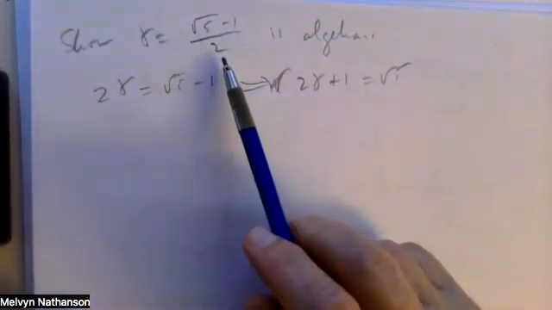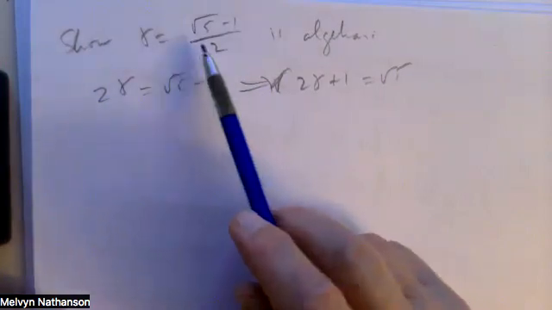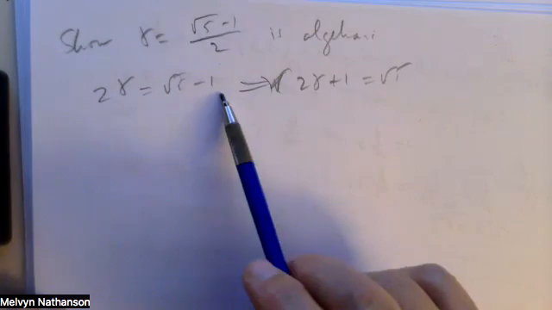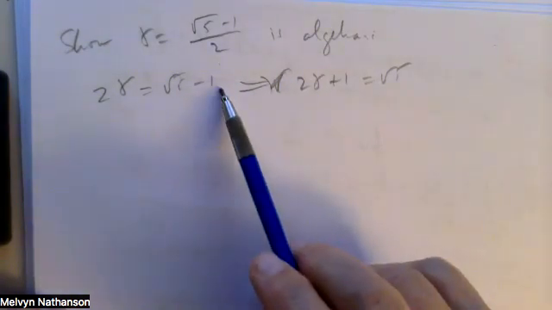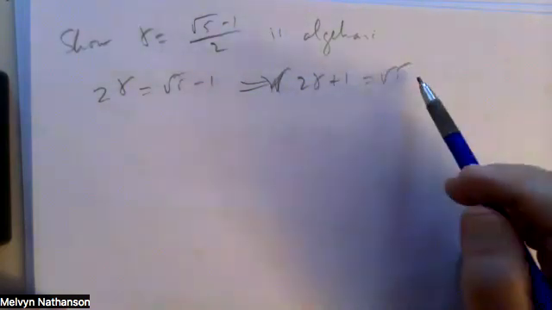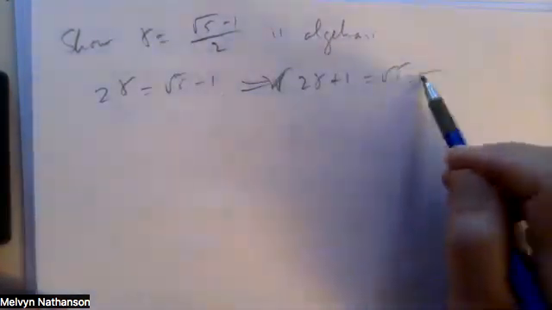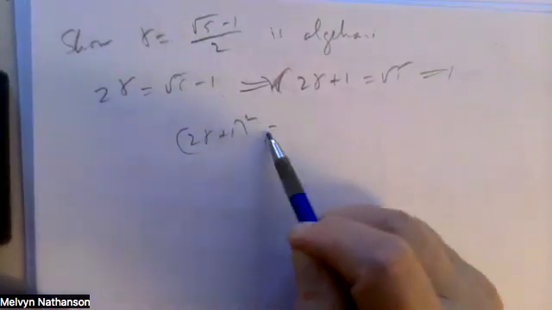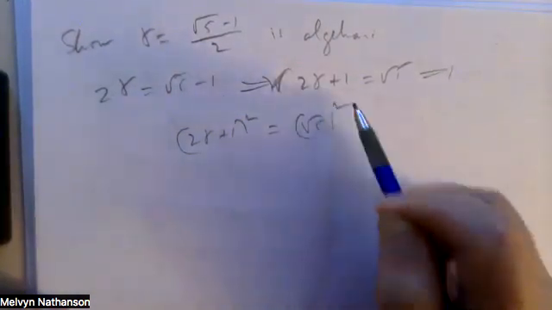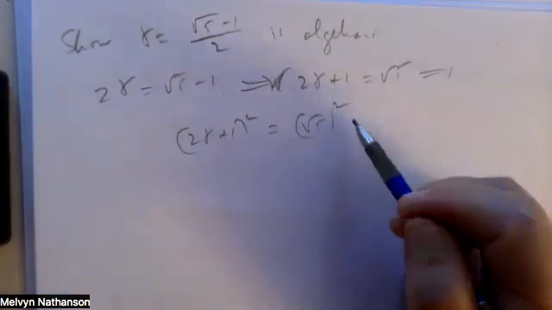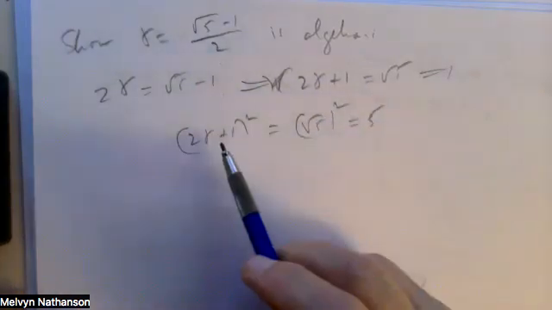I'm just doing baby operations here. I have gamma is root 5 minus 1 over 2, multiplied by 2. Take the 1 from the right-hand side to the left-hand side. Now I have this, square both sides. I get that 2 gamma plus 1 squared is root 5 squared. Because if I square root 5, I get 5.